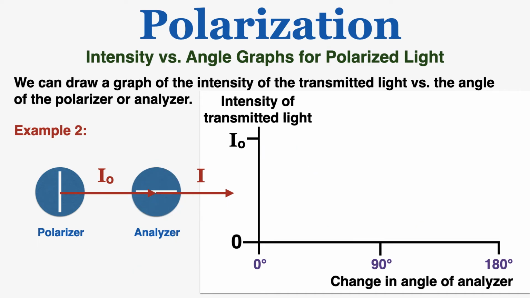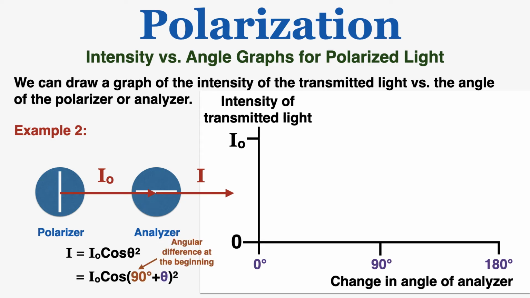I could start the analyzer at a 90-degree angle to the polarizer, and in this case, the difference in angle at the beginning is 90 degrees. And I'm starting at a point where the analyzer hasn't been turned more yet, so theta is going to start off at 0. And because the purple theta is starting off at 0, I'm dealing with the original intensity times cosine of 90 degrees squared.